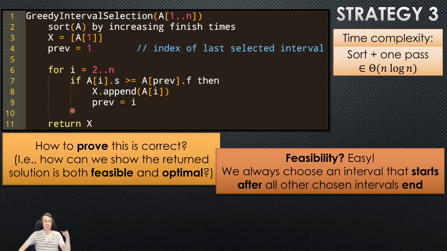And I prove that at the end of my iteration, whether I've added something or not, that loop invariant still holds. That will prove that at all times in the loop, and indeed once I exit the loop, the array of intervals that I'm going to output contains pairwise disjoint intervals. That will prove feasibility.